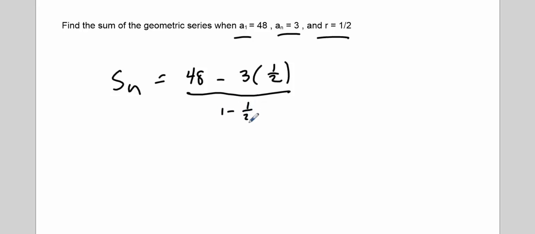I think I said 1 over the r value, 1 minus the r value. So in this case, I have 48 minus 3 halves over 1 half. And that's a simple plug and chug on your calculator. And we end up with, I believe it's 93.